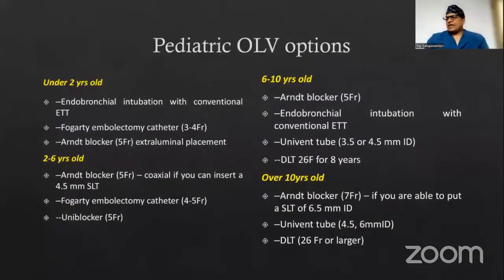When I was training, most of the time, what my teachers used to do was, if you had to do a lung isolation in a child, they used to deliberately do an endobronchial intubation and pass a Fogarty catheter to that side. Once the Fogarty is in that side, you can withdraw the tube, okay, but you cannot take the endotracheal tube out.